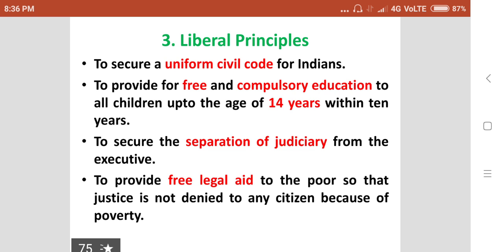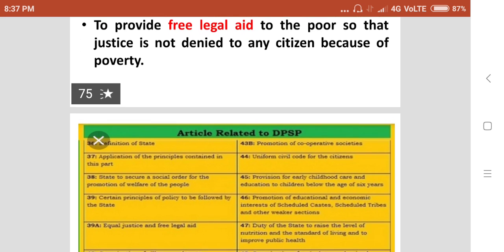Second, to provide for free and compulsory education to all children up to the age of 14 years within 10 years, to secure the separation of judiciary from the executive, to ensure the judiciary to be independent, to provide free legal aid to the poor so that justice is not denied to any citizen because of poverty.